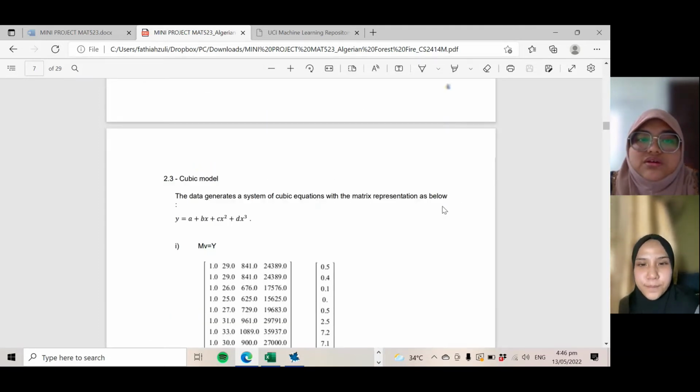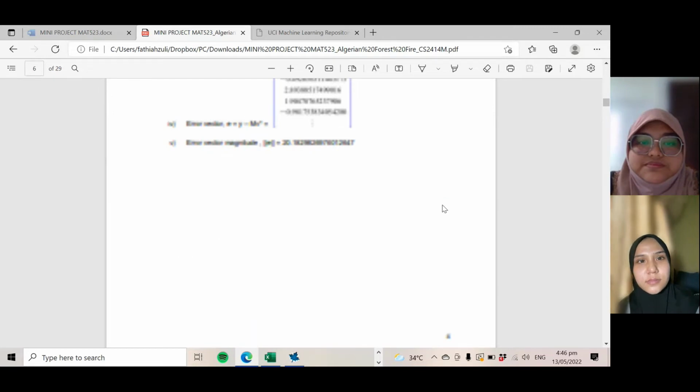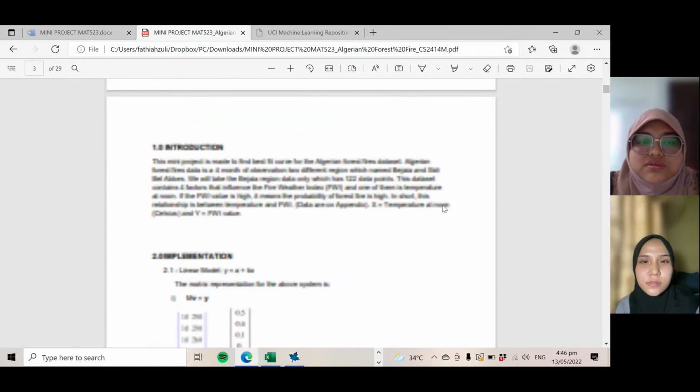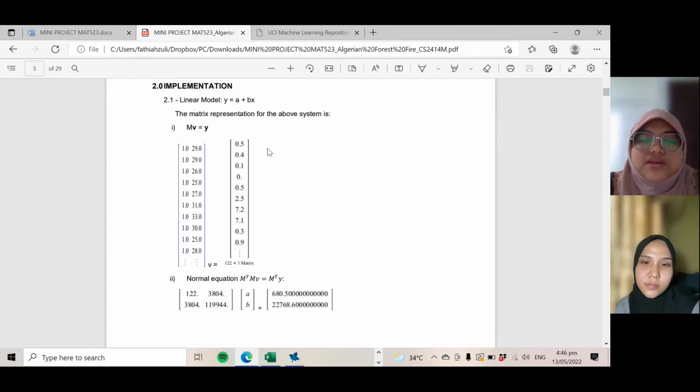First is our linear model, y equals a plus bx. We represent the matrix of the above system like this.